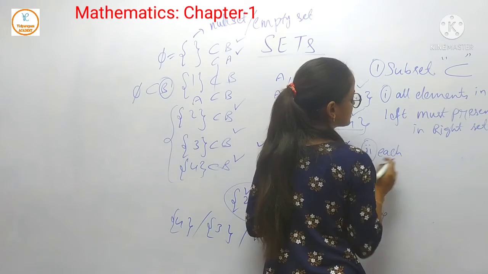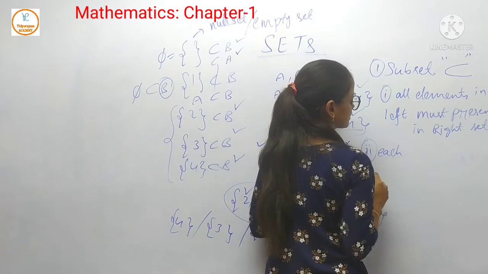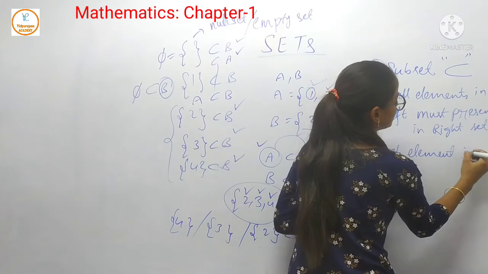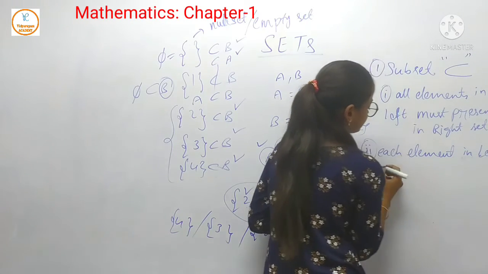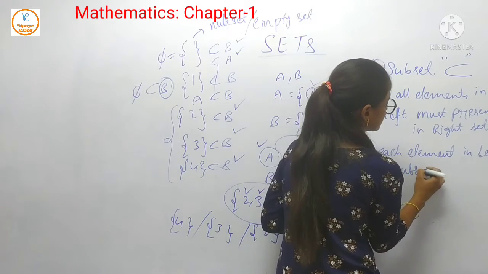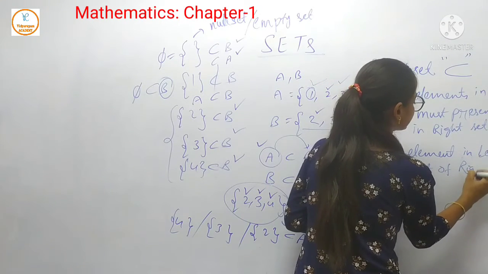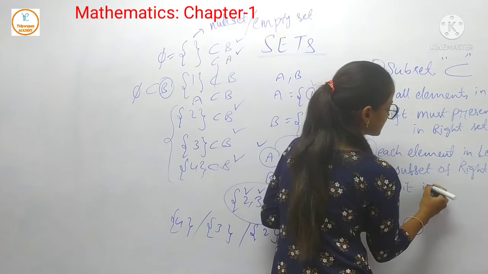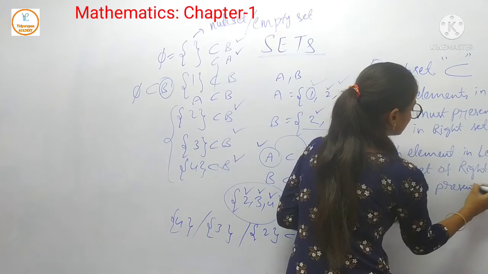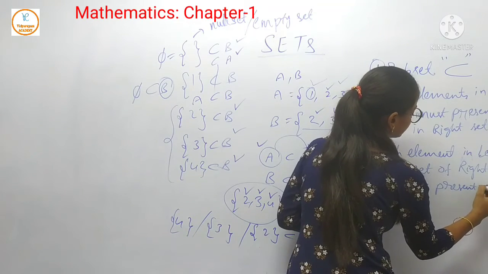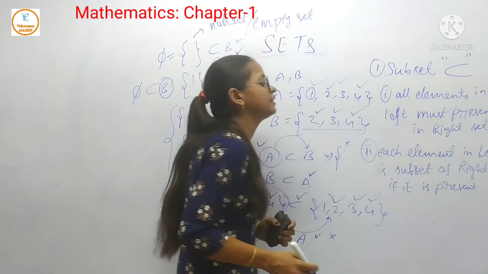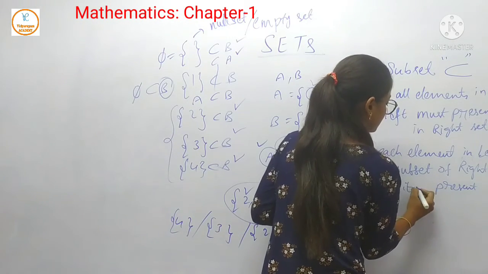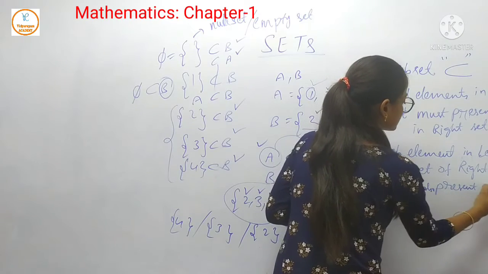Each element in the left set is a subset of the right set if it is also present in the right set.